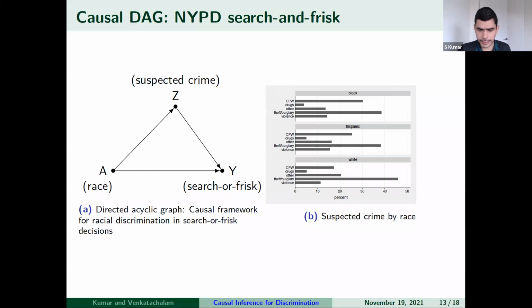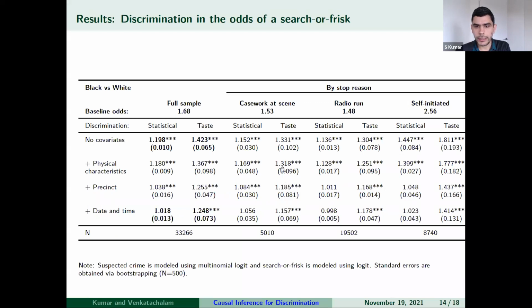So here is, as I said, our very simple graph. And now we've implemented the algorithm which I spoke of two slides back: we are estimating suspected crime using a multinomial logit, and we're modeling search or frisk using a logit. In the simplest case, we use no covariates at all to get these estimates of statistical and taste discrimination.